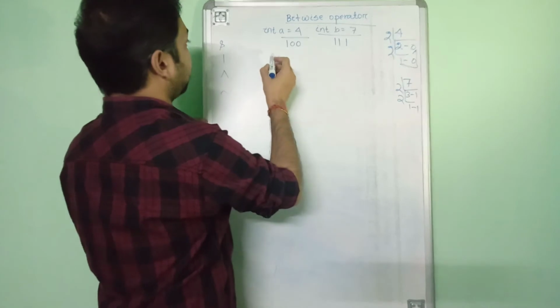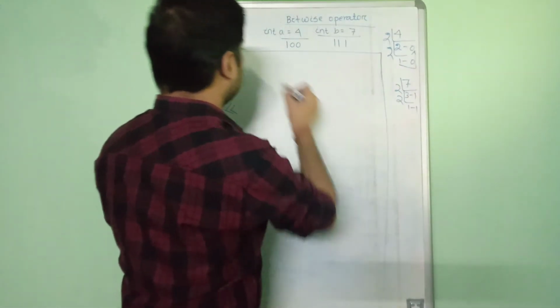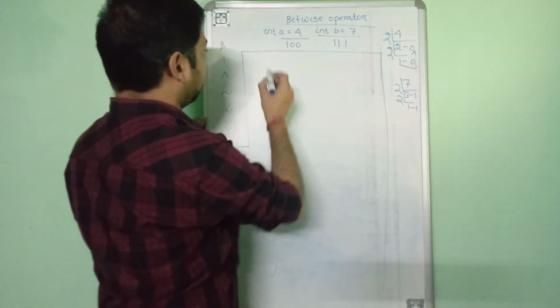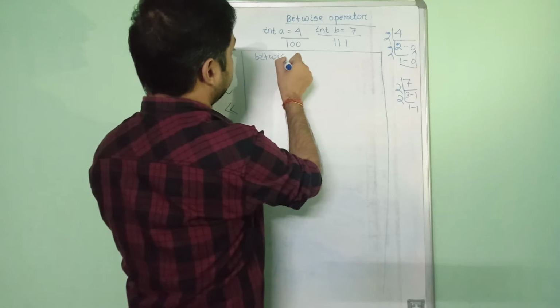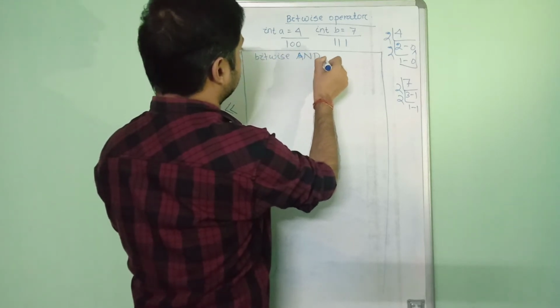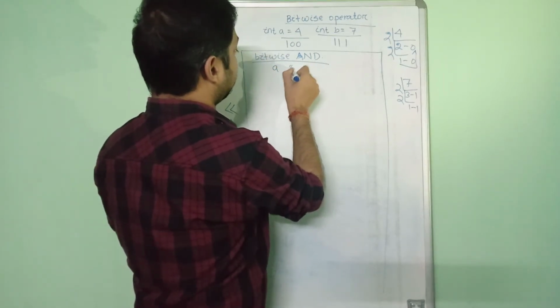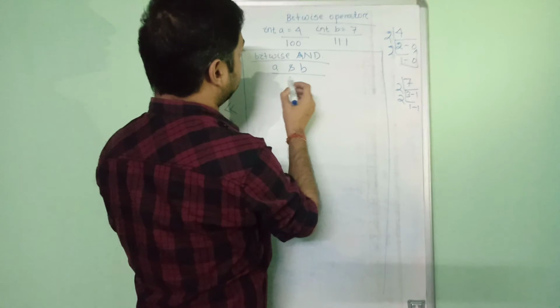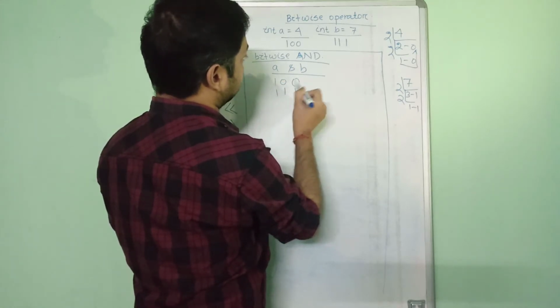Now let us come to the first one, that is bitwise AND. If it is bitwise AND, that is A and B, you can go for 1, 0, 0 and 1, 1, 1.